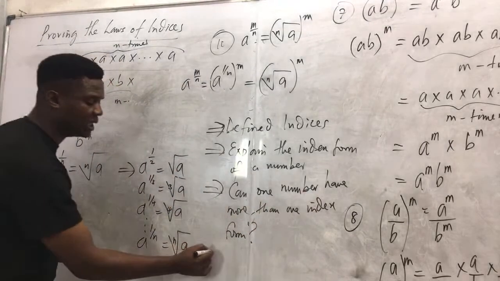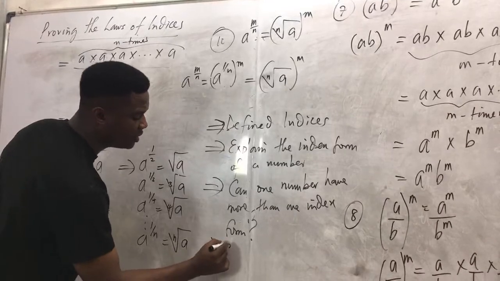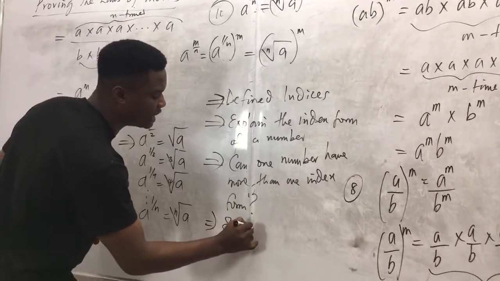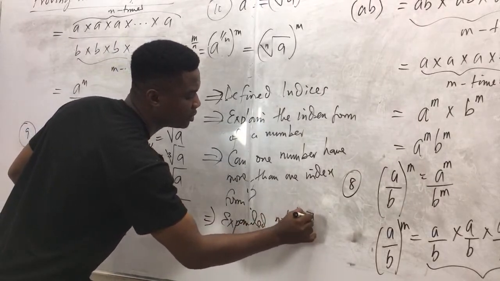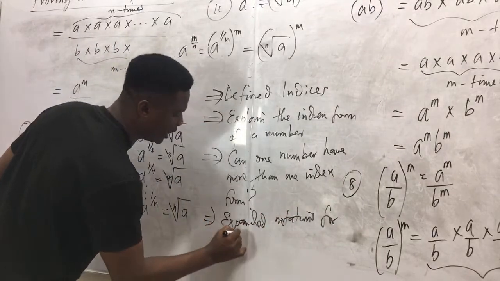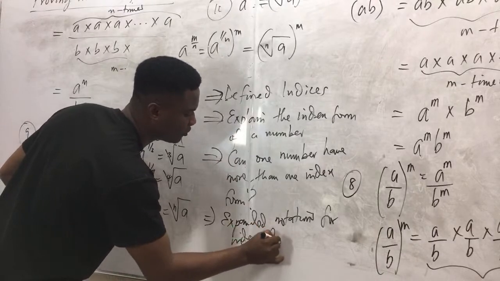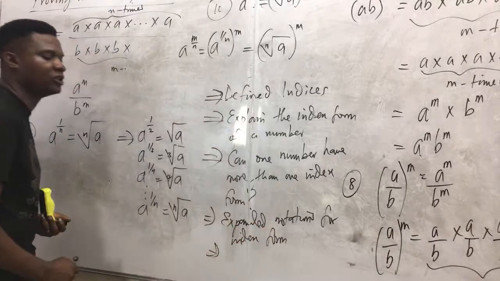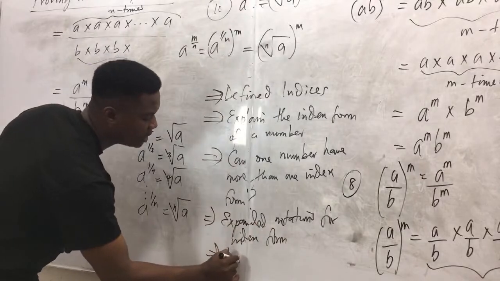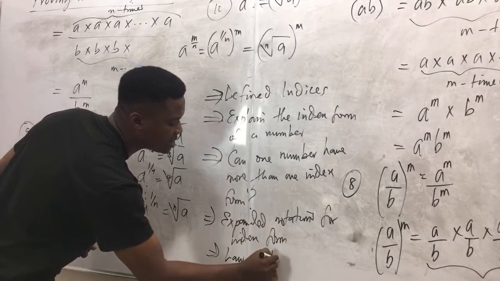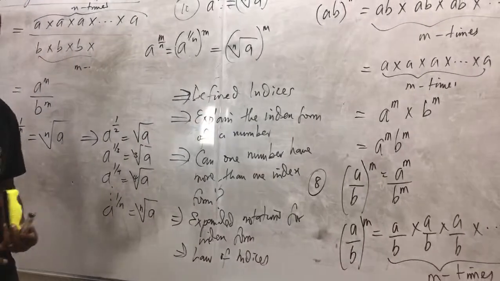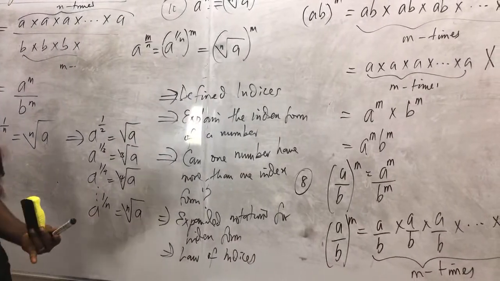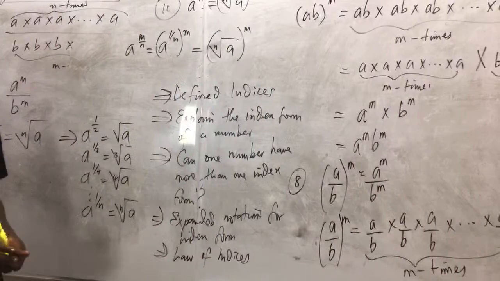The next thing we did was to give the expanded notation for index forms. We have dealt with that in this video. Then the next thing we went on to discuss was the laws of indices. Under the laws of indices, guys, in this video, we have stated the laws of indices and we have proved the laws of indices.